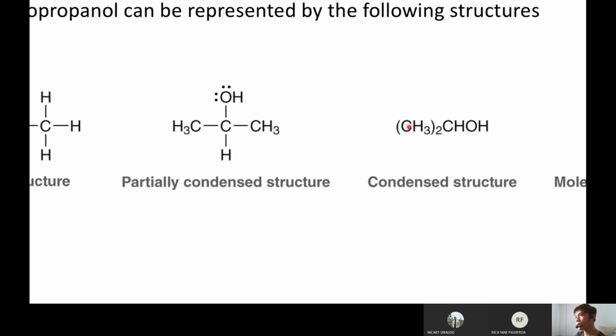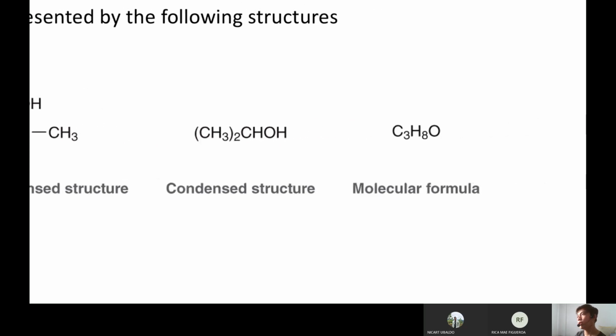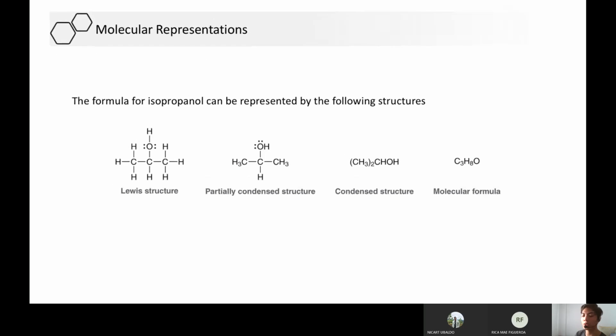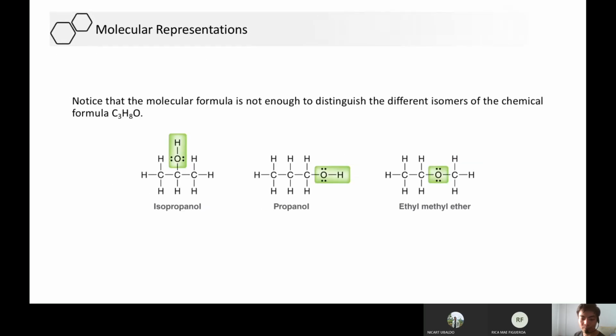So these two CH3 are attached to this carbon, hence this drawing. The two CH3 are attached to the C. Then the rest of the atoms are still bonded with the carbon. So yeah. For the molecular formula, all atoms are just written. Okay. So that's the idea.